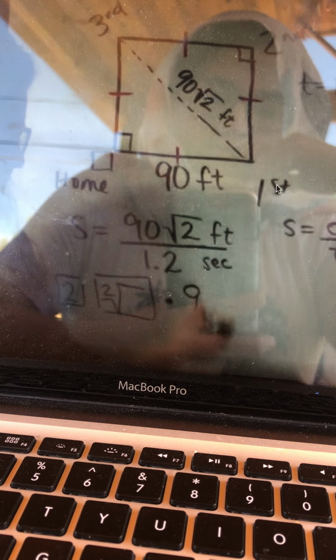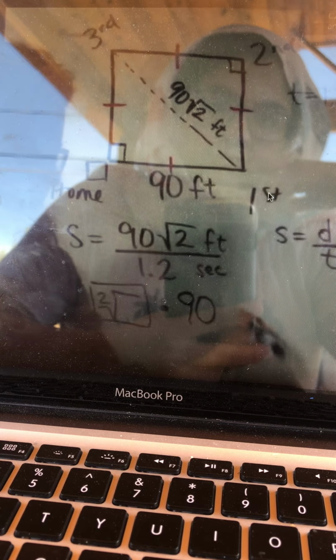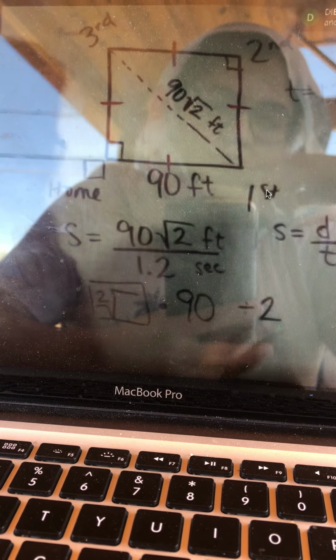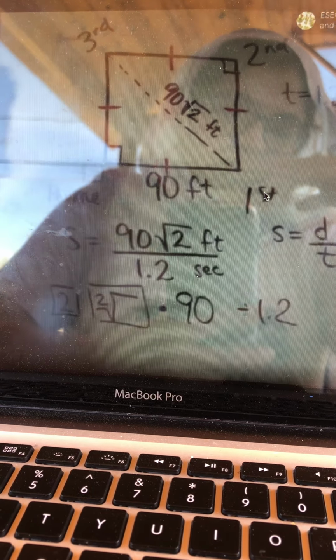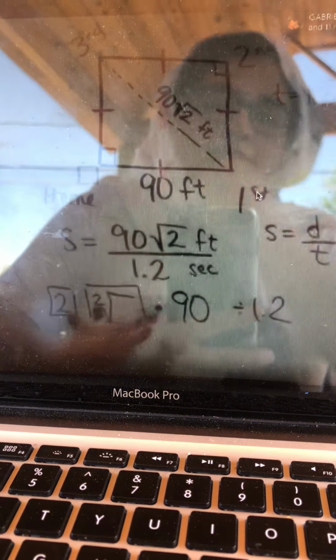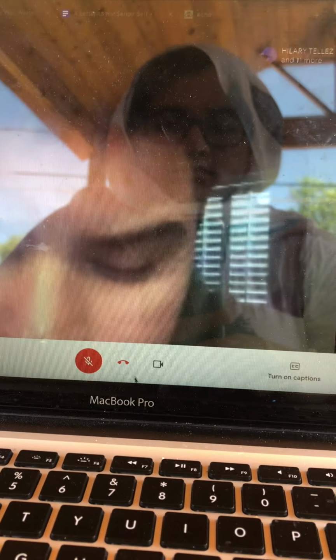I multiplied it by 90, and then after that, when I hit enter, I divided by 1.2. And tell me what that equals. So again, if you have an iPhone, this is how you would actually calculate the numerator. It equals 106.